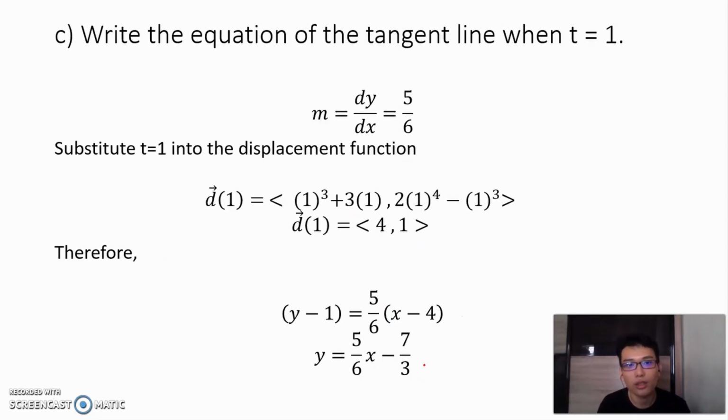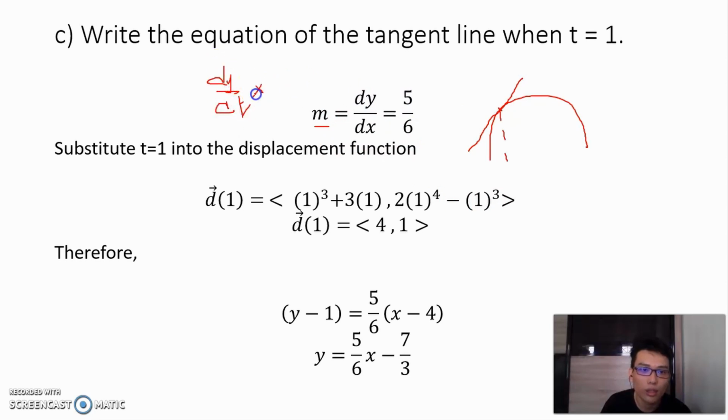So let us look at part C. We need to find the equation of the tangent line when t equals 1. So this is the curve, the tangent line, and t equals 1. We need to find the gradient m. The m is equal to dy/dx, by using dy/dt times dt/dx.